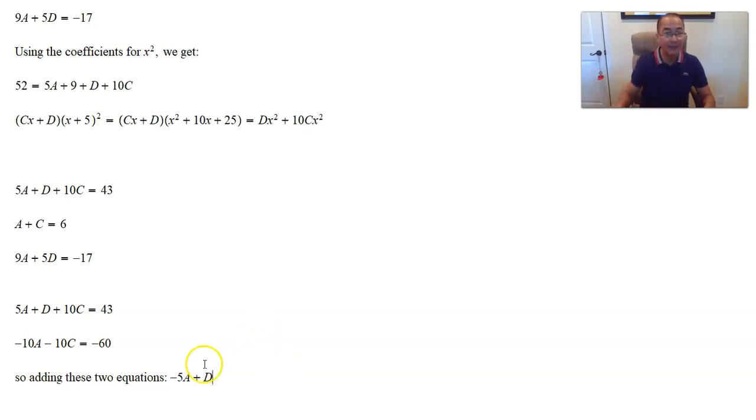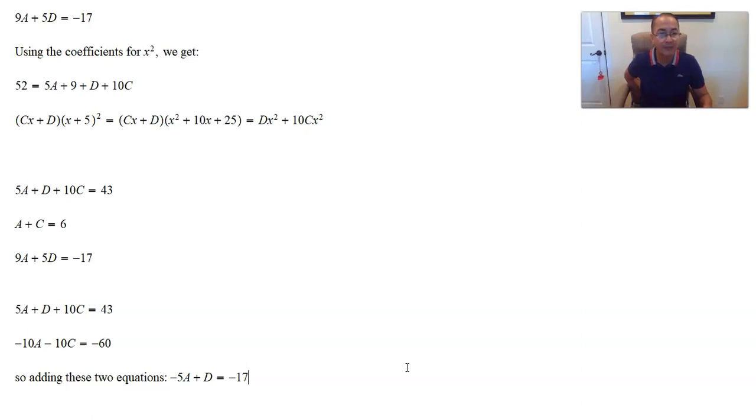And yeah, that's good, because this is not a multiple of this, right? So we're on the right track. The c's go away. That's what we wanted. 43 minus 60 is minus 17. Okay, so again, 43 plus 17 equals 60.